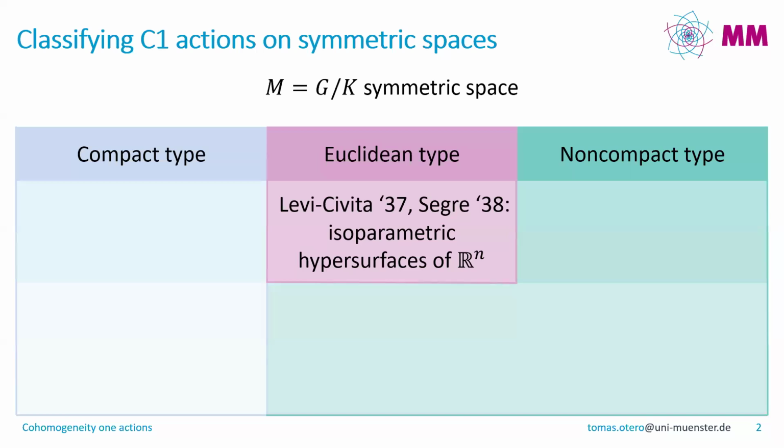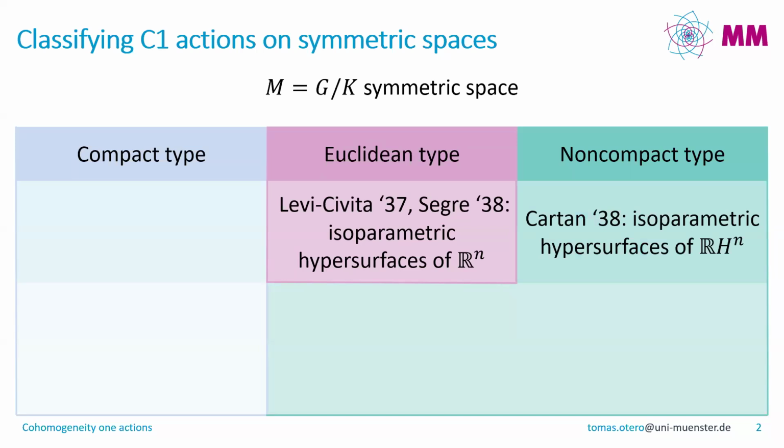In particular, this provides a classification of cohomogeneity-one actions, because orbits always are isoparametric. A very similar result was proven by Cartan soon after for hyperbolic spaces. Also in real hyperbolic spaces, an isoparametric hypersurface is always an orbit of some ambient group of isometries, and this gives you a classification of the corresponding actions.